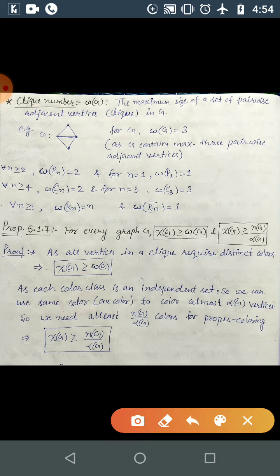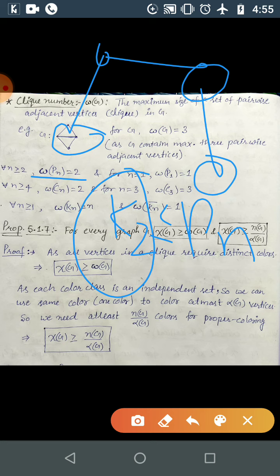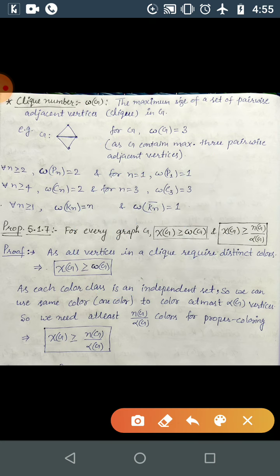For Pn it will be 2, because no C3 will be part of a path, only K2 is part of a non-trivial path Pn. So the maximum set of pairwise adjacent vertices is 2 only, and the clique number for Pn is 2.